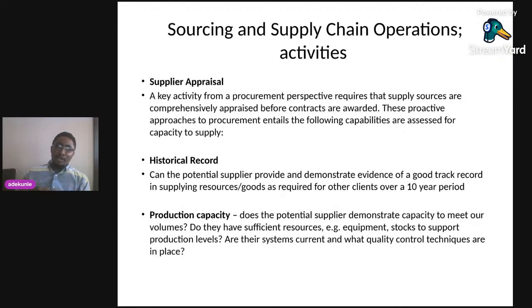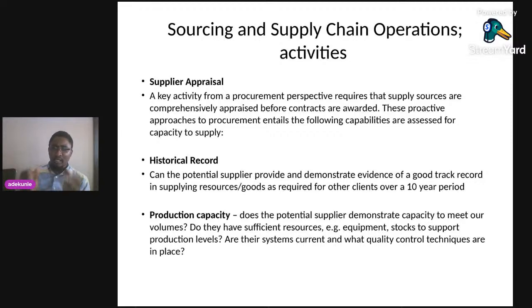We have the historical records, of either current or potential suppliers, and that will provide evidence that they have a good track record, and not just a good track record, it means they have the confidence and the evidence that they can actually do the job very well. Then, of course, production capacity.